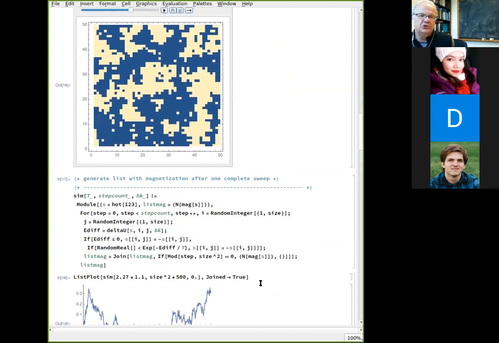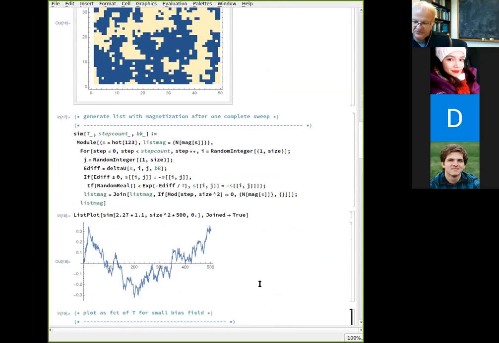The other thing that you can do is, so this is now one of these plots where on the x-axis, it's indeed just a bunch of configurations. So apparently here I made 500 lattices of 50 by 50 spins, and I let it run as a function of time, and I just monitored the magnetization. And you can already see that it's a little bit hard to say in general whether the system is magnetized. So this probably is in some regime where on average it's not magnetized.